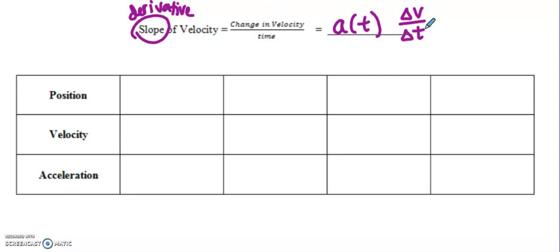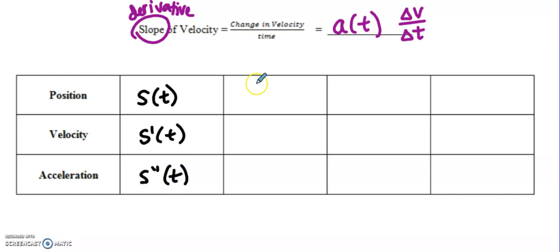I have here for you this nice little chart of ways that we notate things. So if we call position s of t, we would notate velocity as s prime, which means acceleration would be s double prime.